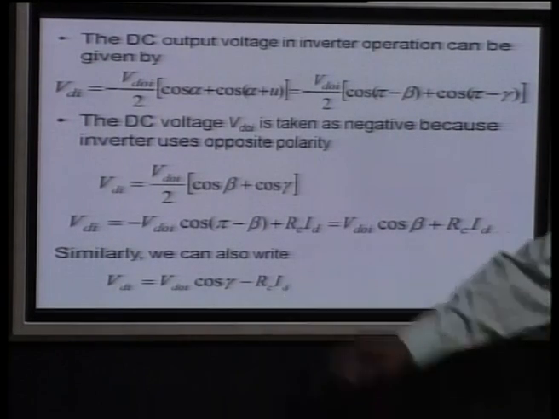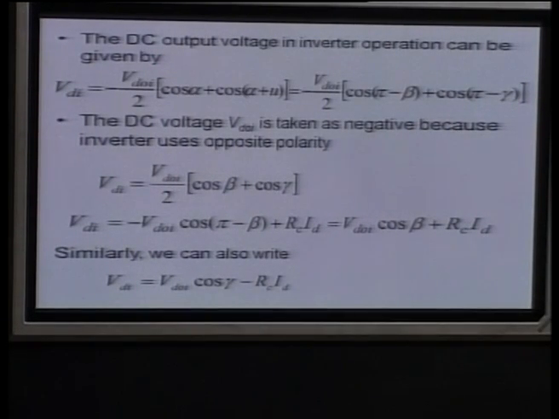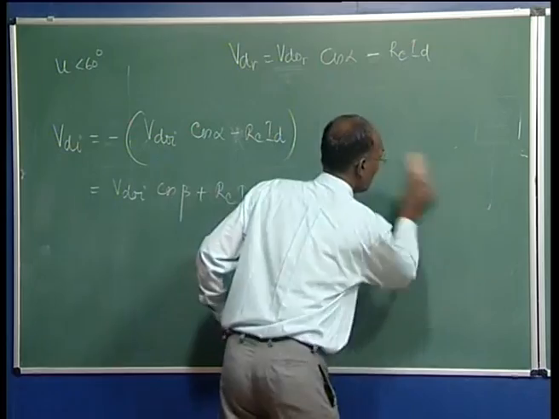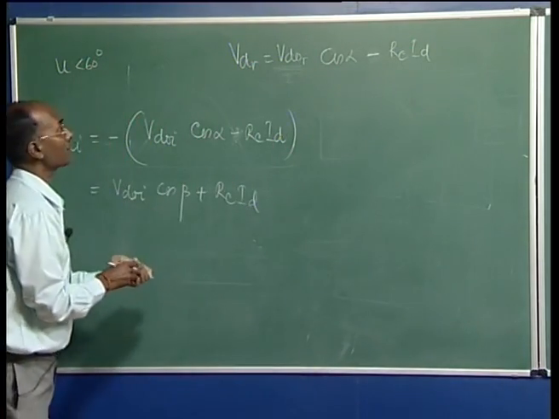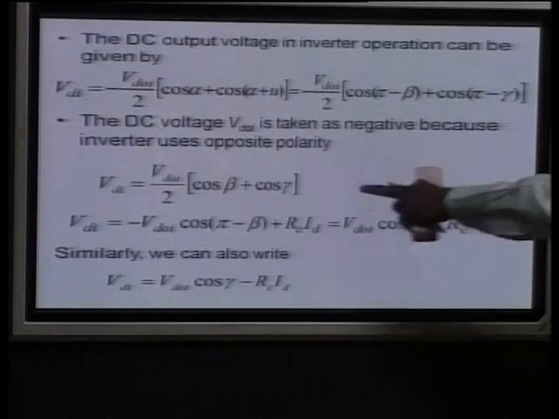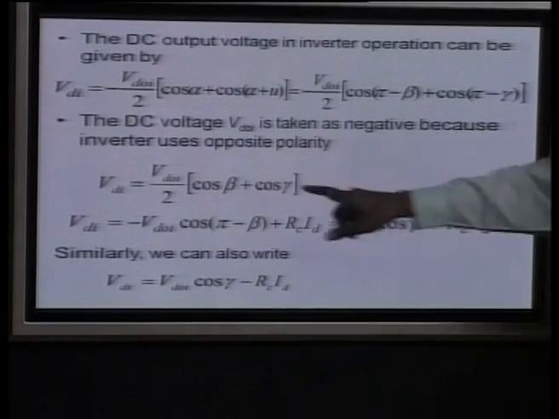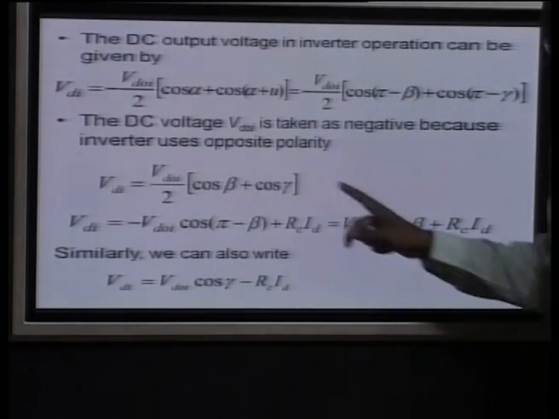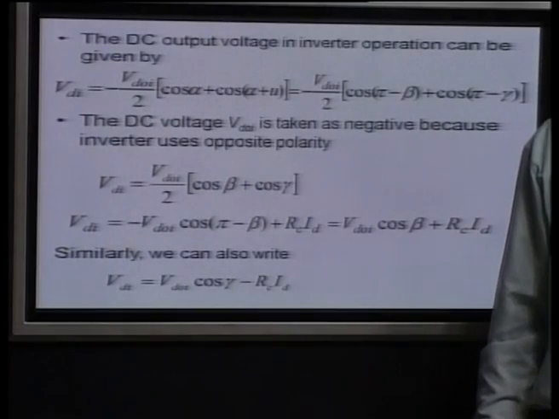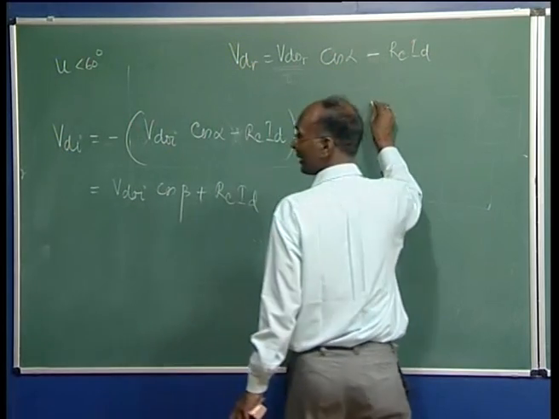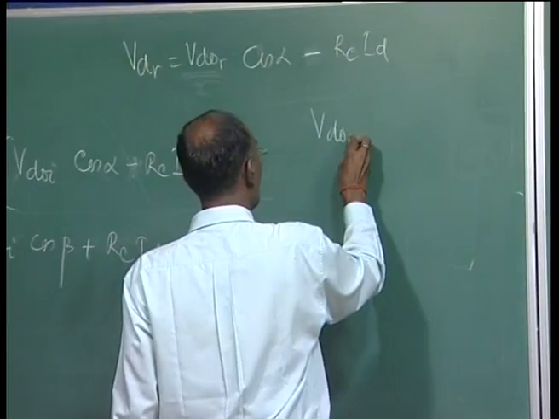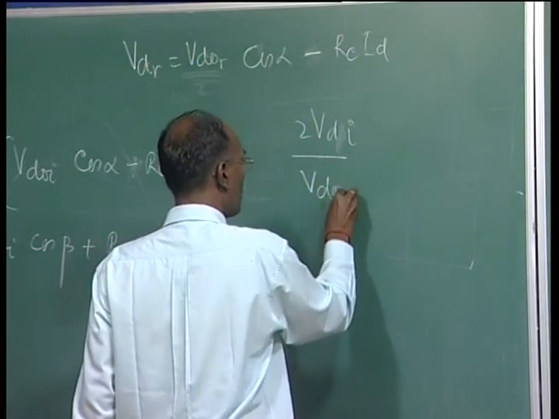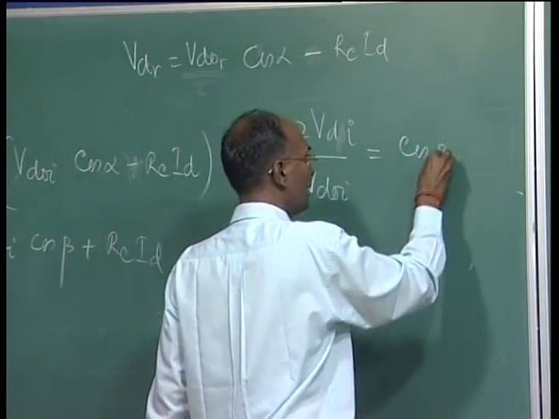Another way that we can represent is in the gamma case. Now how we can derive this in terms of gamma? From here itself, from the first expression, we can just eliminate beta. This expression, beta we can eliminate, we can get in terms of cos alpha. So, what happens here, I can write from this, VDI, twice VDO I is equal to your cos beta plus cos gamma.